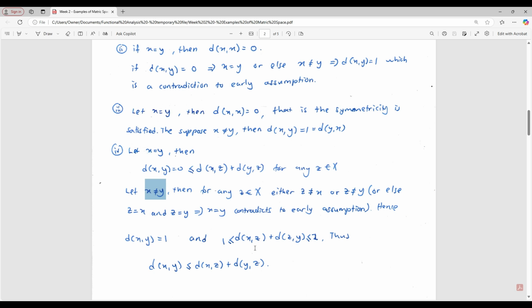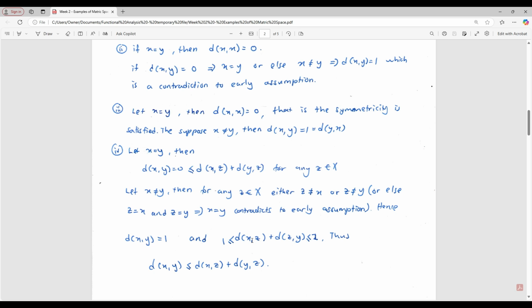So we know that the distance between x and y is equal to 1 already. So when we substitute into this inequality, the minimum of this part has to be 1, because x and y cannot both be equal to z at the same time.